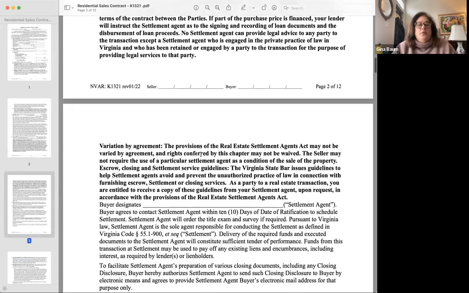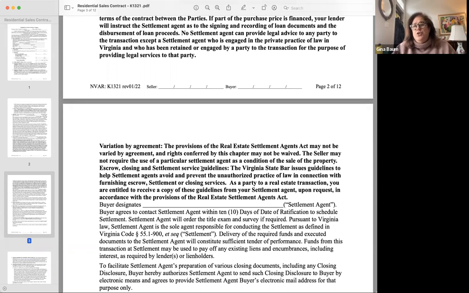Variation by agreement: the provisions of the Real Estate Settlement Agents Act may not be varied by agreement. The rights conferred by this chapter may not be waived. The seller may not require the use of a particular settlement agent as a condition of the sale of the property. Okay, so this is something that came up recently.